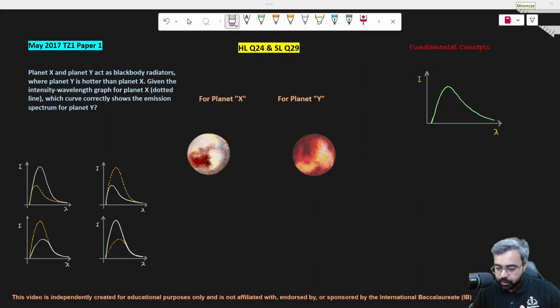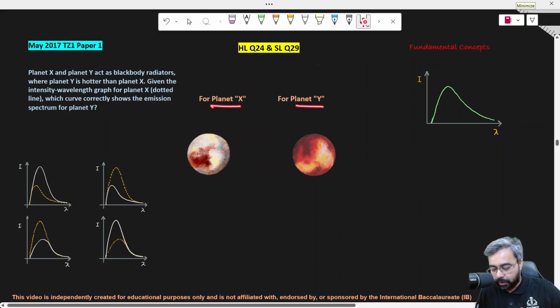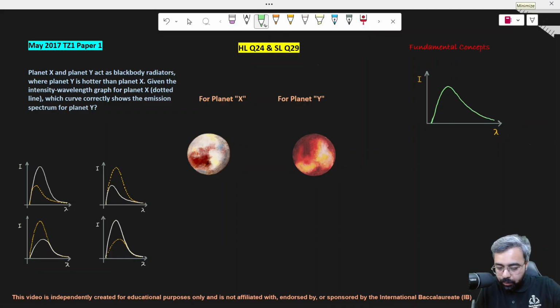So let's say these are the two planets, planet X and planet Y. The question says that planet X is less hot, and by the way, both are black body radiators. Black body radiators means their emissivity is 1, and it means that all the energy these two absorb, they radiate.